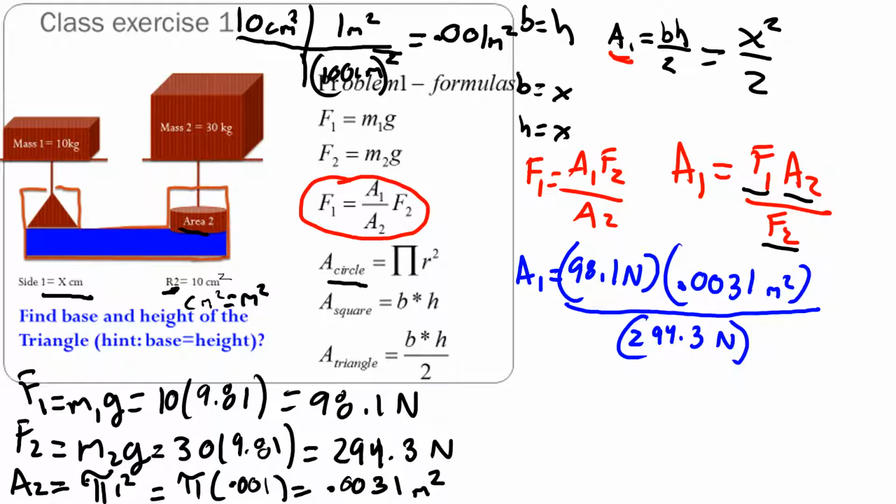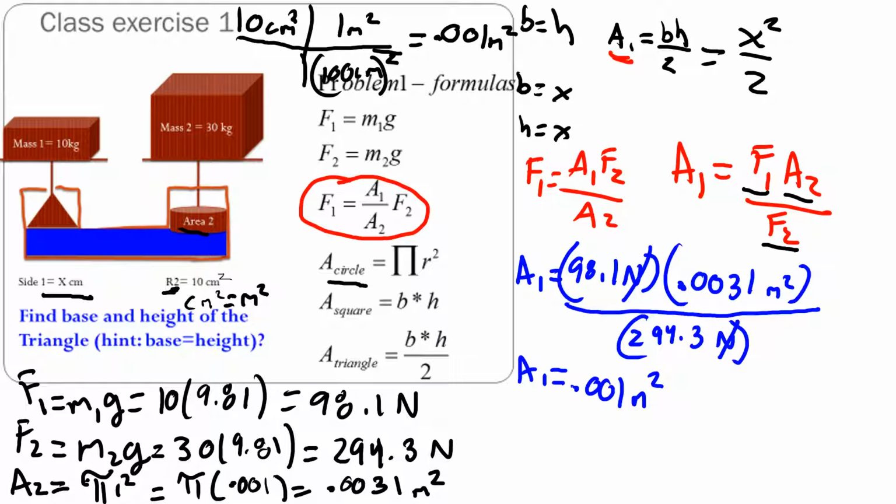Okay, so since we have newtons on the top and newtons on the bottom, they cancel out. And we have our value in meters squared, which is the same as A1 is equal to 0.001 meters squared.